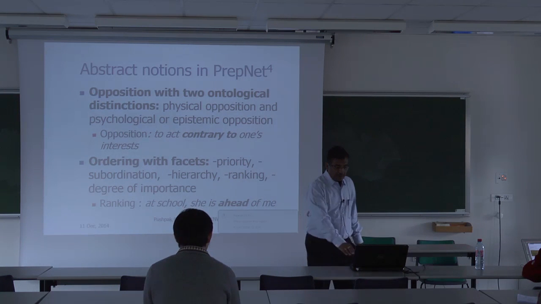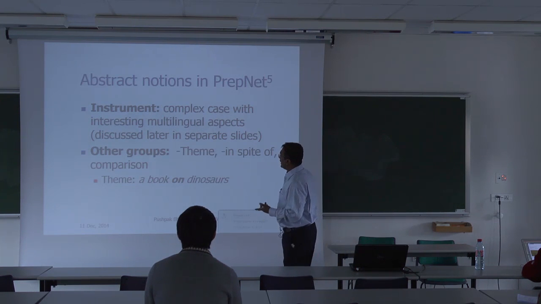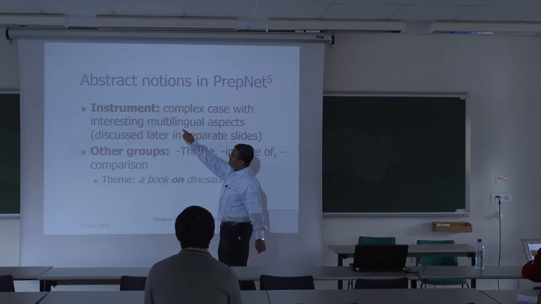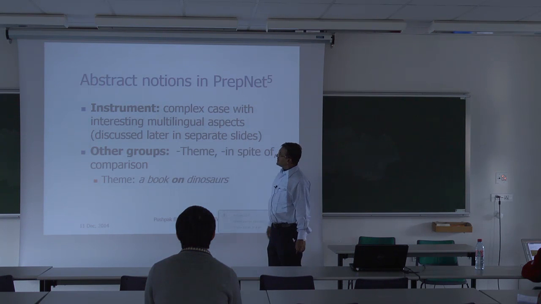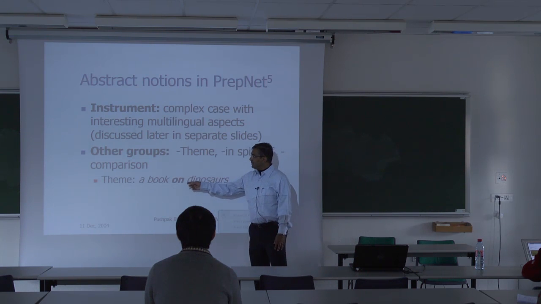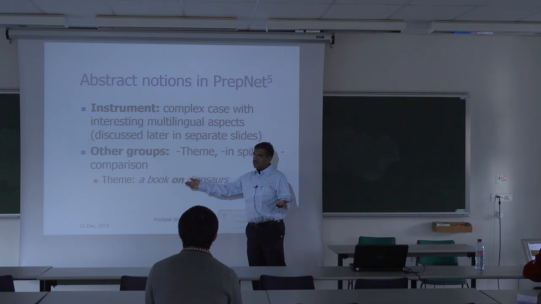Okay. Then the last few are instrument and other groups. Instrument is an extremely important preposition, a complex case with an interesting multilingual aspect. And then there are theme prepositions, like a book on dinosaurs. Okay. On can be a localization preposition also.